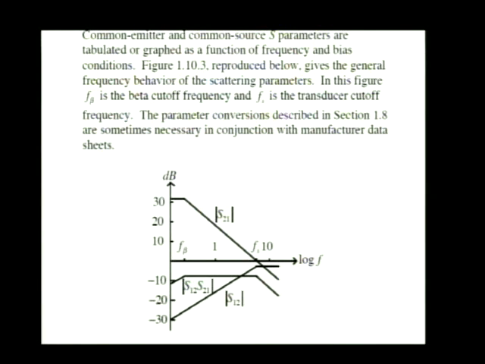It should come as no surprise that biasing an RF transistor at different bias points will give rise to different scattering parameters. So the manufacturer will typically give the values of the scattering parameters for several different typical biasing conditions.